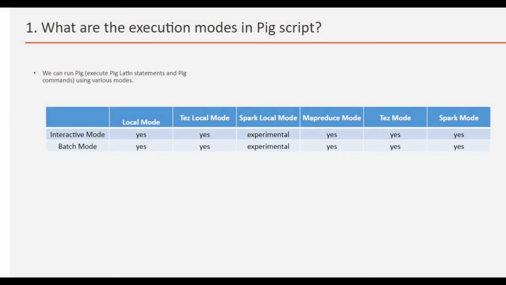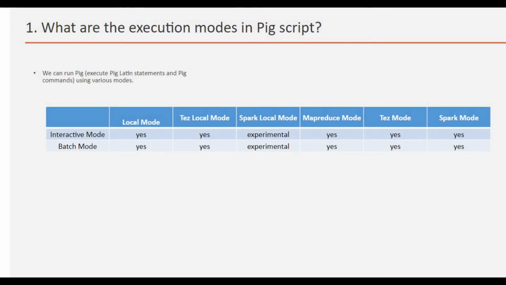And as you know, there are 2 or 3 different ways to run a Pig script. One is the interactive mode, which we use while development, that is the grunt shell.